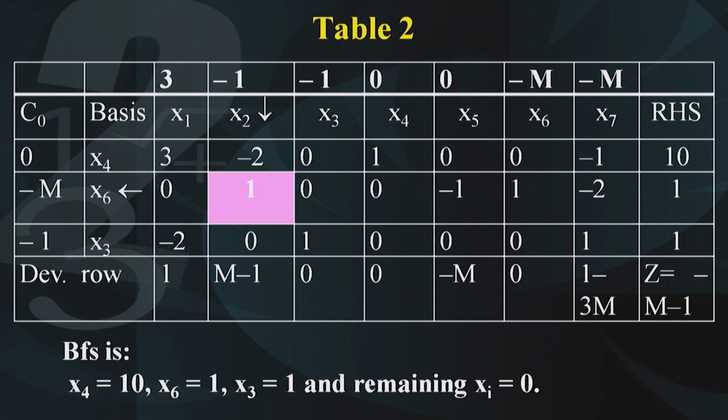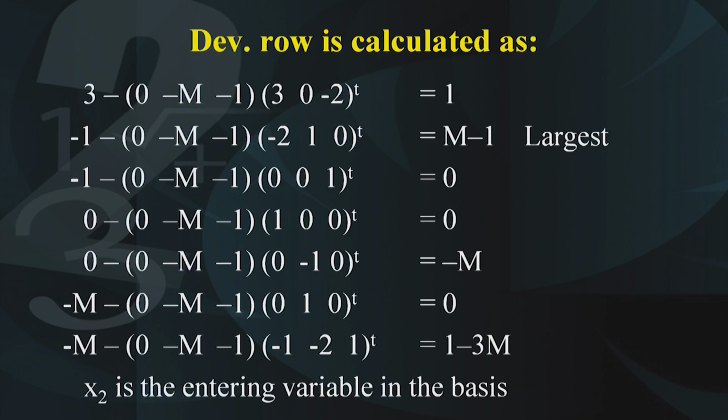Now, you will observe that fortunately only the first entry, that is -2, has to be converted. So, we need to apply the elementary row operations in such a way that this column under x2 variable becomes 0 1 0. So, what are those elementary row operations?